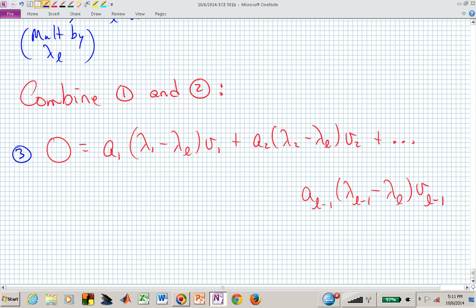All those coefficients need to be 0, don't they? And the only way these coefficients can be 0 is if all our a's are 0, or if we have lambda 1 as lambda sub L, lambda 2 as lambda sub L. And if we have lambda 1 equal to lambda sub L, that means they're the same, right? And we assumed they were distinct. So there's our contradiction. That's where we're going.